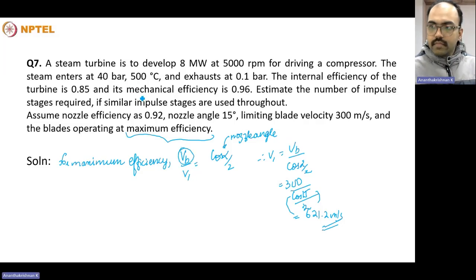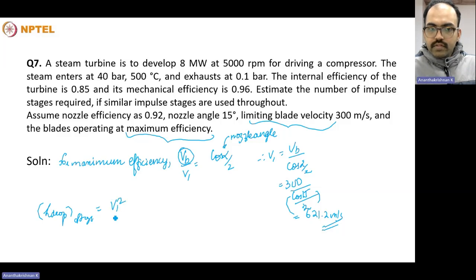So the blade velocity is given as 300. Limiting blade velocity is given as 300. So we substitute that to get the value of the inlet velocity. Then we have to determine the enthalpy drop per stage.